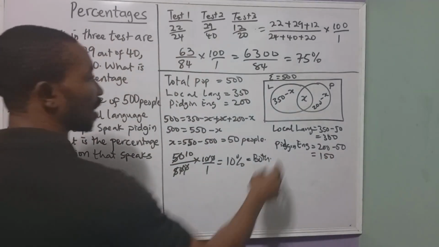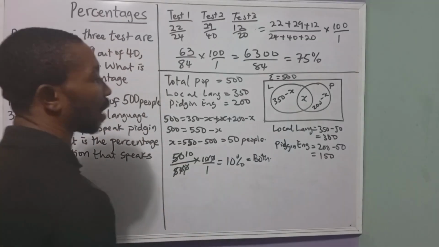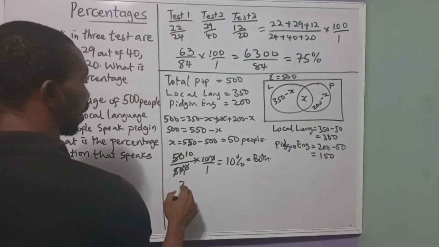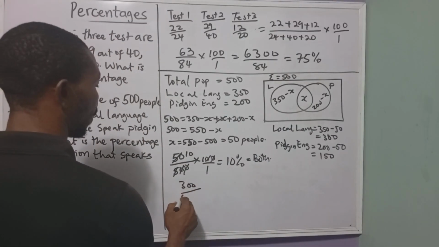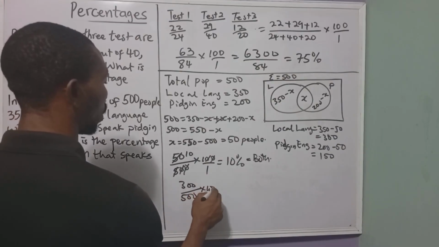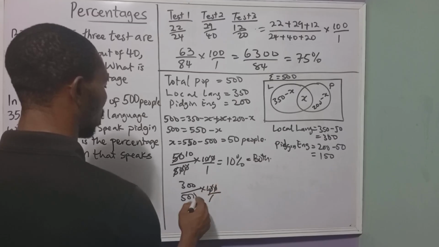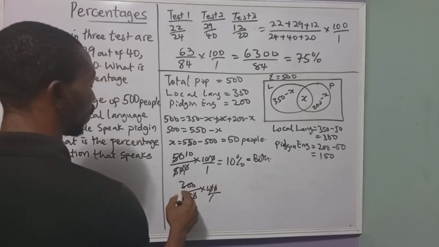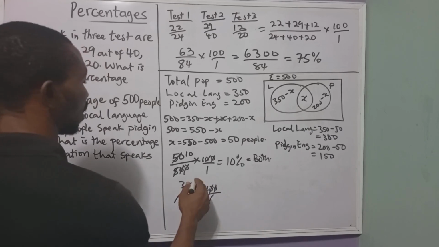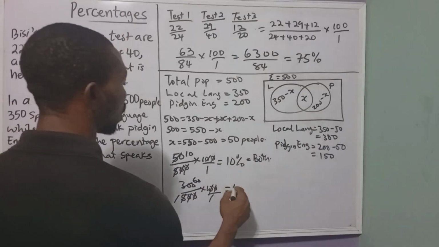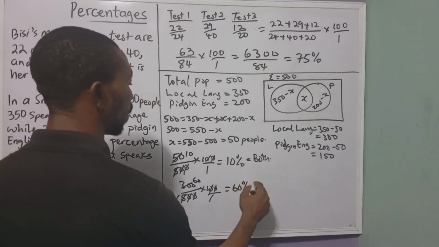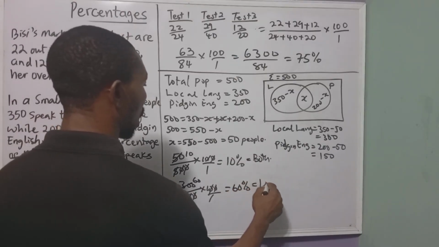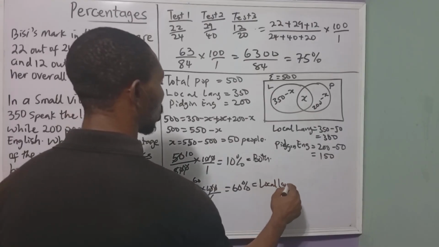Now, the percentage of people that speak the local language would be 300 all over 500 times 100 over 1. This cancels this, this cancels this. 5 here 1, 5 into 30, 60. So 60% speak the local language.